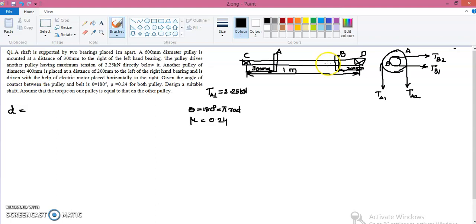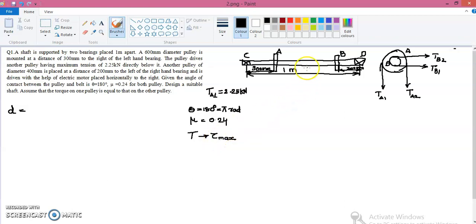So that means there is a twisting moment acting. I'll represent it as capital T, that is a twisting moment or torque. This will induce a shear stress, that is tau. So I'm representing this torque as T, and that will induce a shear stress represented as tau.